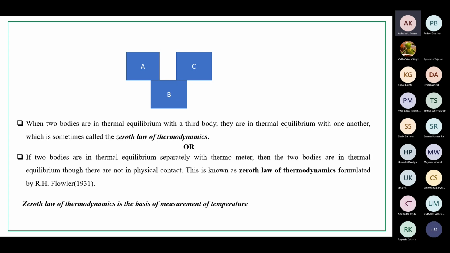The point is a glass or otherwise a metal, and inside you have mercury. That mercury is slowly expanding. Wherever, at whatever temperature, it stabilizes, then you will say this is the temperature of the water.